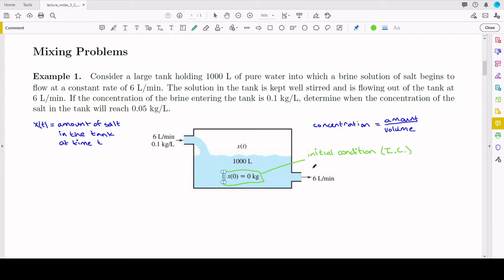That's our initial condition, x of 0 equals 0. Now, we saw that for a system like this, the differential equation that we set up is dx/dt equals input rate, what comes into the system, and then minus the output rate.